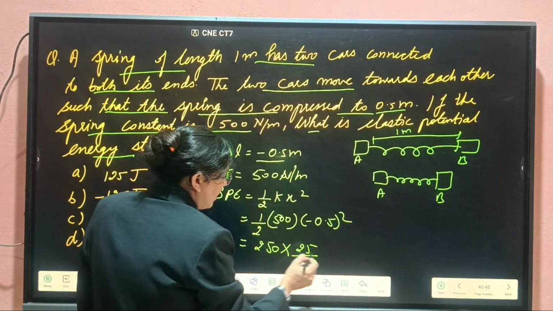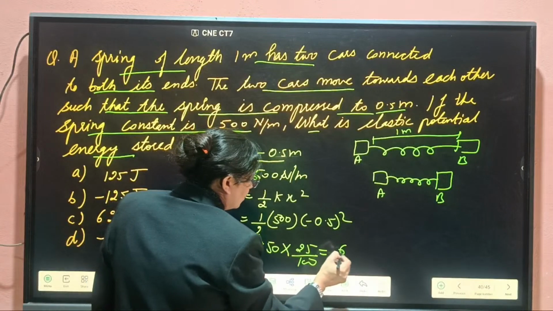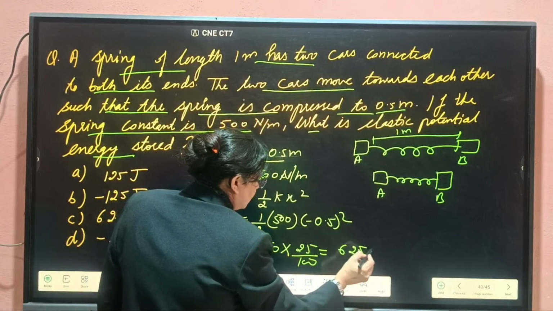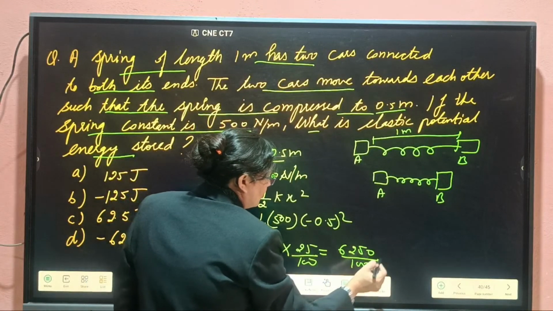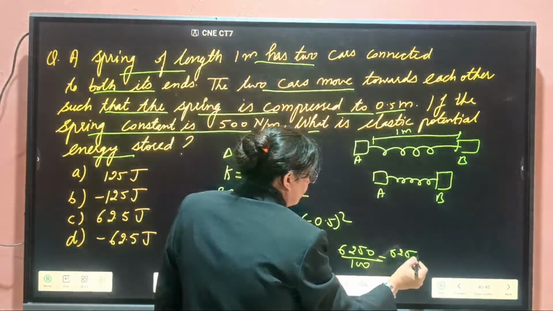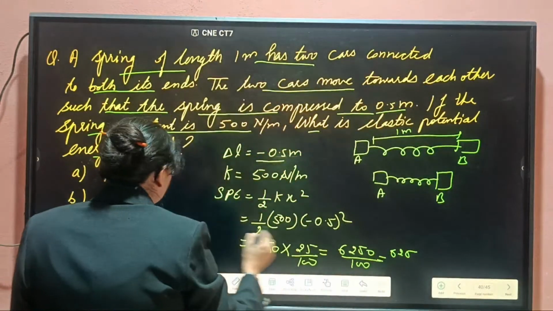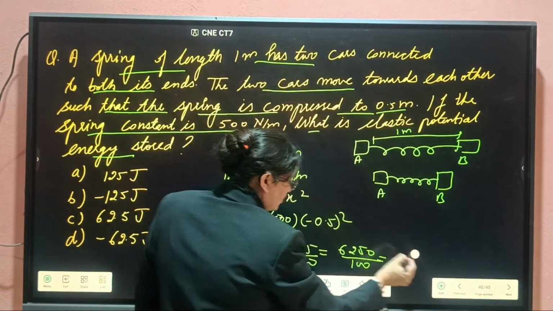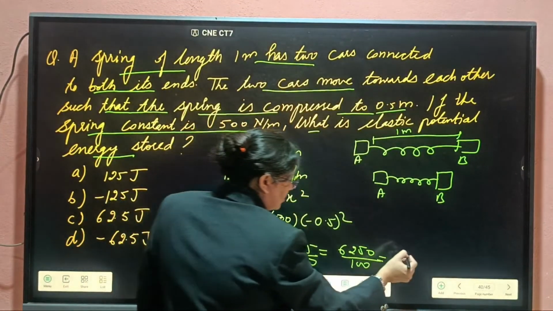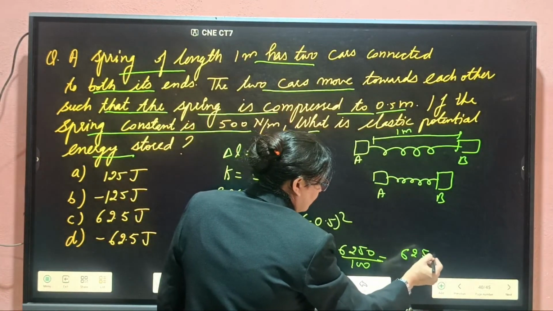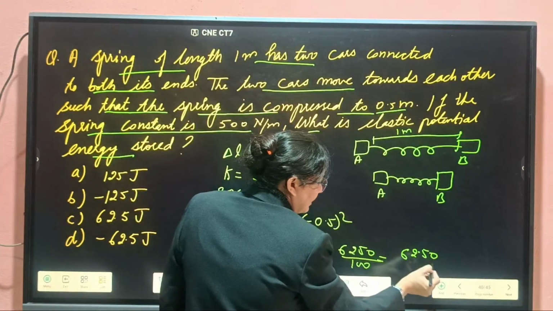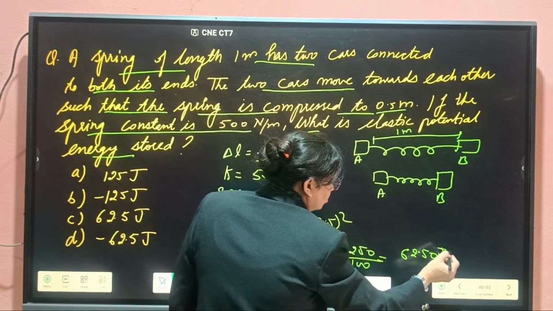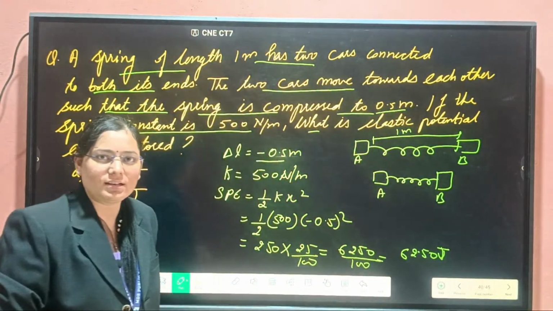Okay, now as we will solve this one, then it will give us 62.5, this one here joule only. 625, here 2 0, then here we will write 0, then it will be a joule only. Energy SI unit will be joule only.